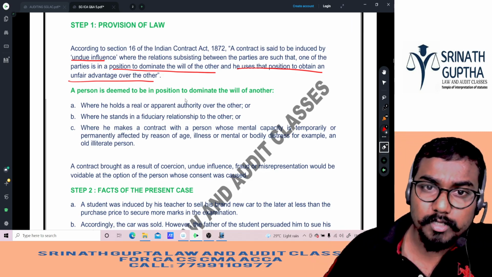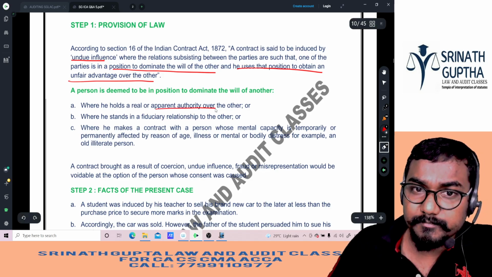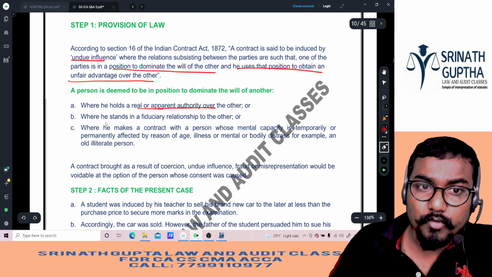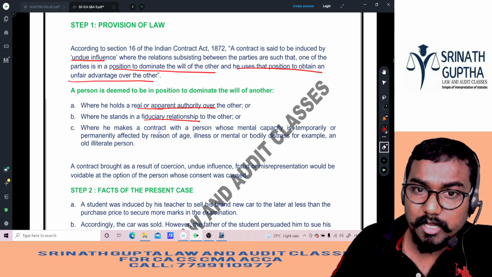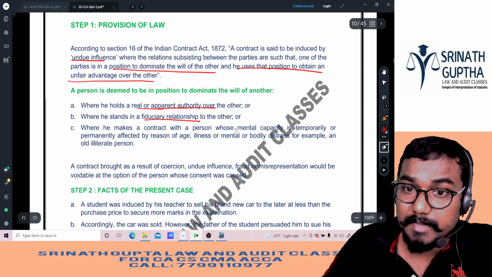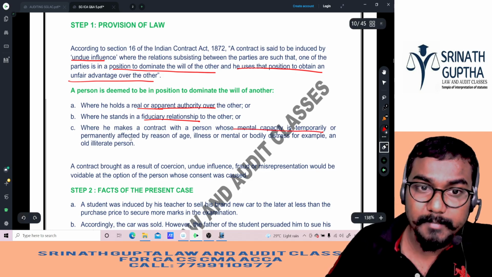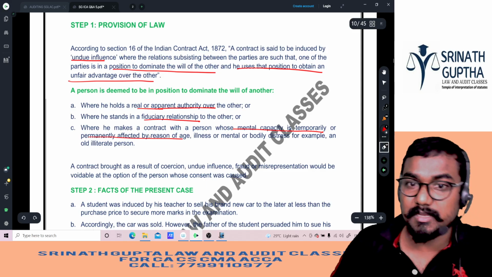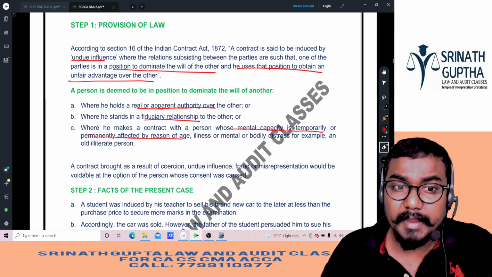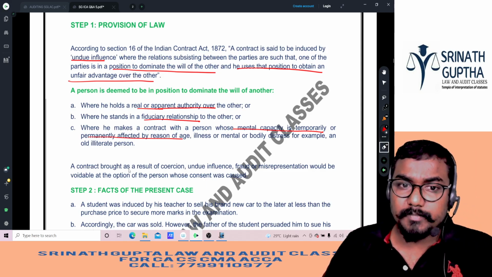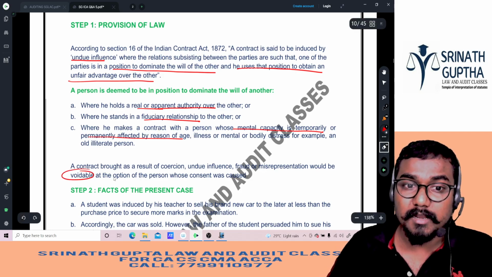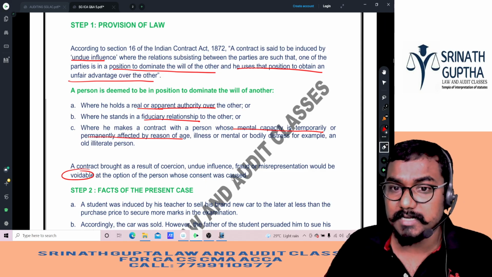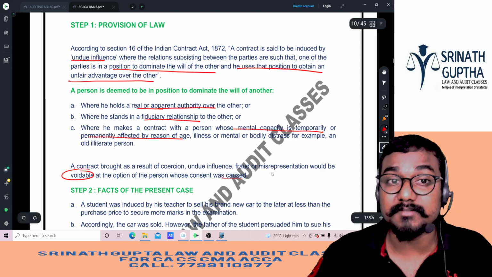A person is deemed to be in a position to dominate the will of the other where he holds real and apparent authority, where the party stands in a fiduciary relationship, and where the party makes a contract with a person whose mental capacity is temporarily or permanently affected by reason of age, illness, etc. A contract brought about as a result of coercion, undue influence, fraud, or misrepresentation would be voidable at the option of the party whose consent was so caused.